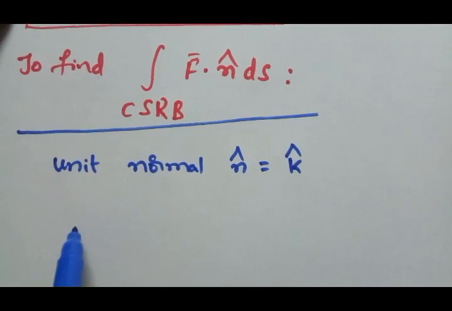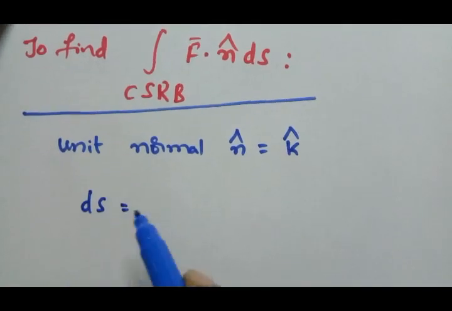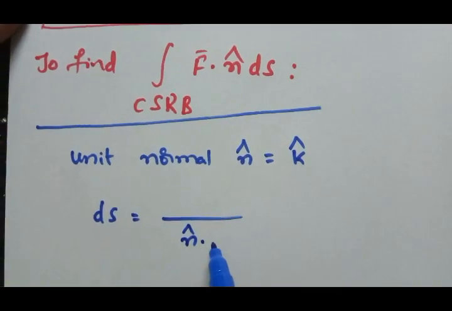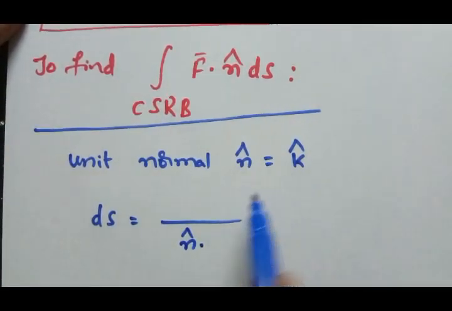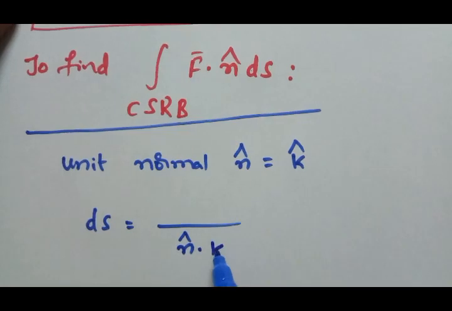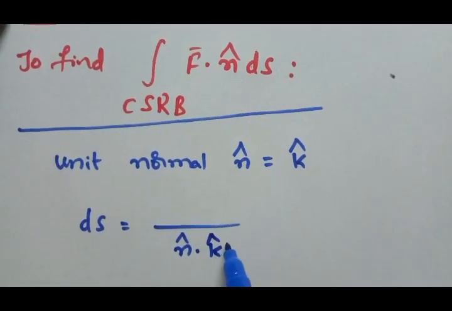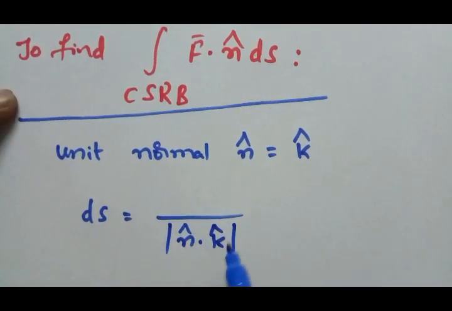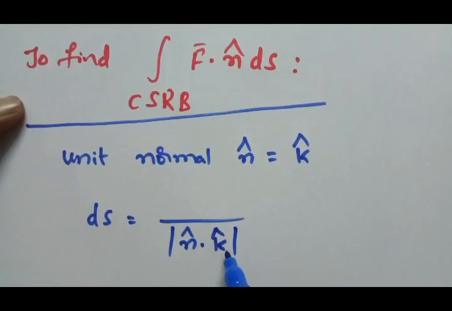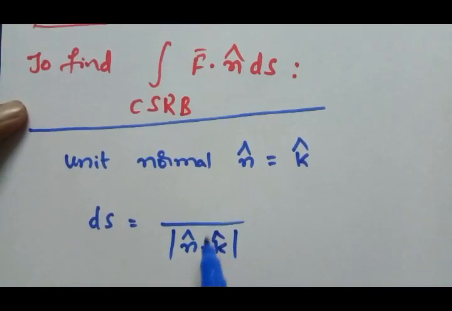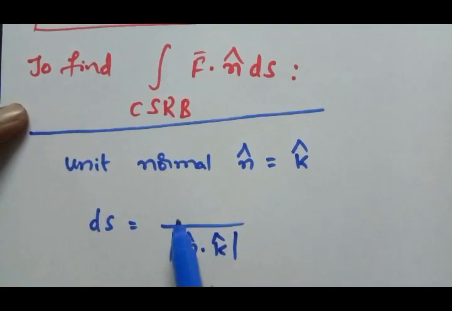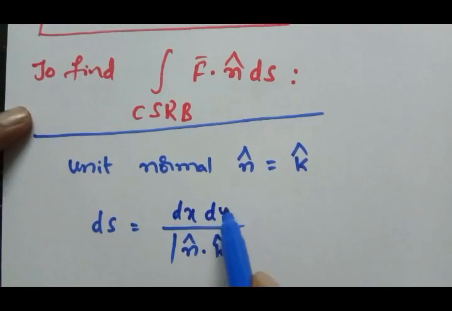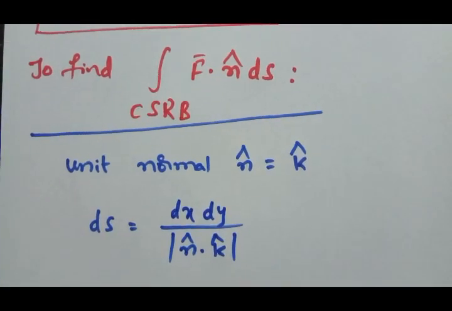Therefore, ds is equal to, now since n cap is k cap, you can take here k cap only, otherwise the denominator is 0. Therefore, k cap is the unit vector along the z-axis. For the z-axis, the perpendicular plane is the xy plane.